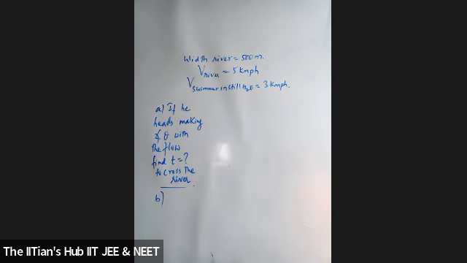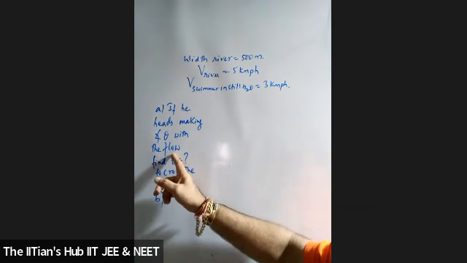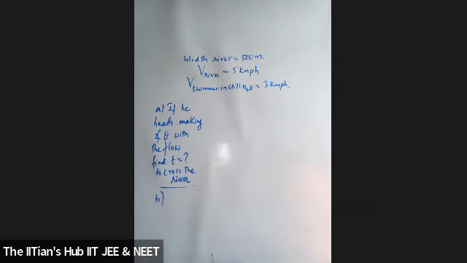Students, if the swimmer heads in the direction making an angle theta with the flow, find the time taken by him to cross the river. And so the question is clear to all of you.